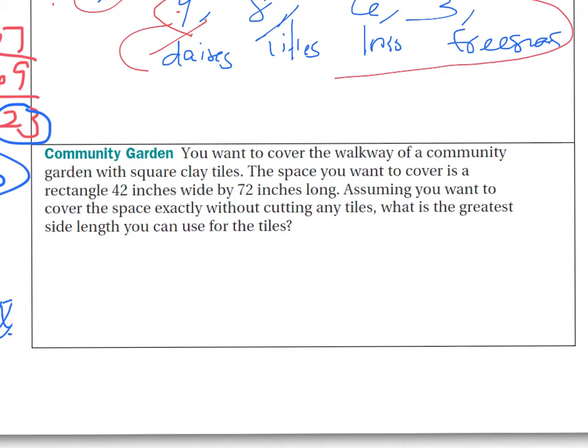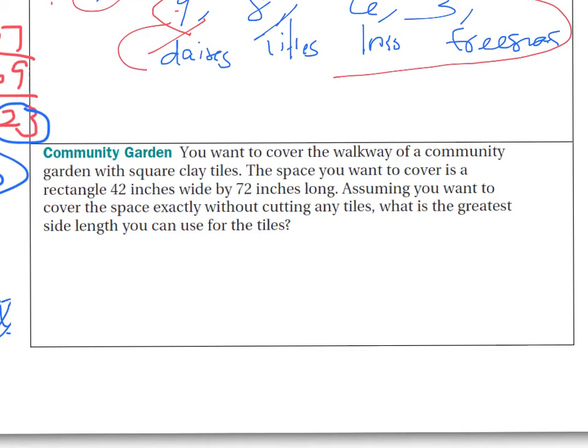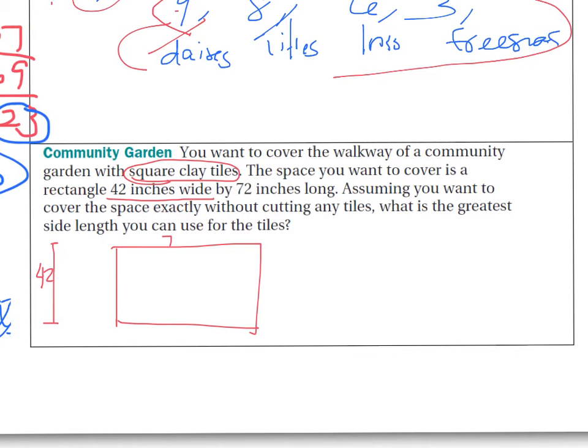Community garden. You want to cover the walkway of a community garden with square, okay, clay tiles. The space you want to cover is a rectangle, so I'm going to draw a picture. 42 inches wide, okay, and 72 inches long.